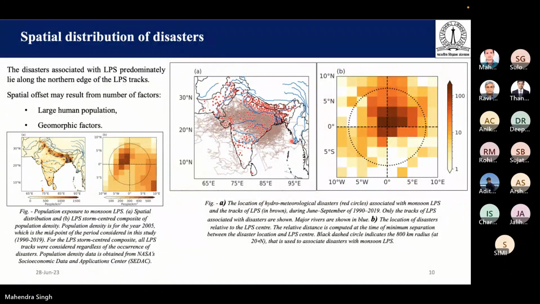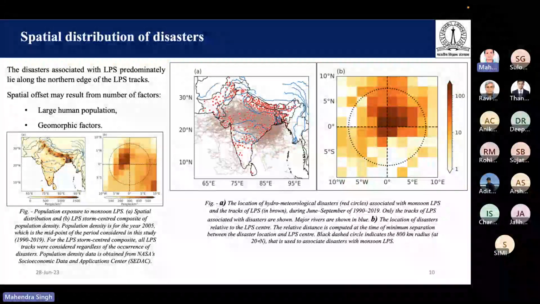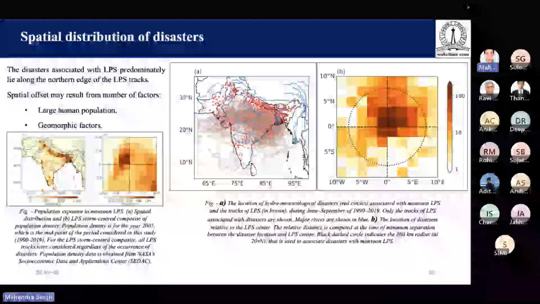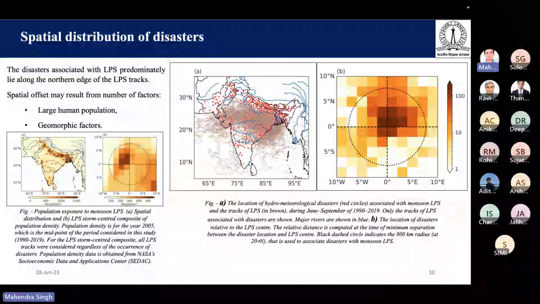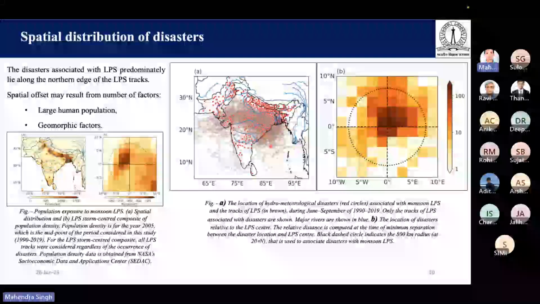So here in figure A, we can see that most of the disaster events are near the foothills of the Himalayas, and some of them are in central India.